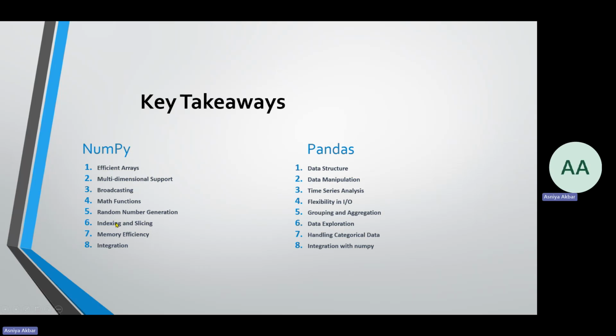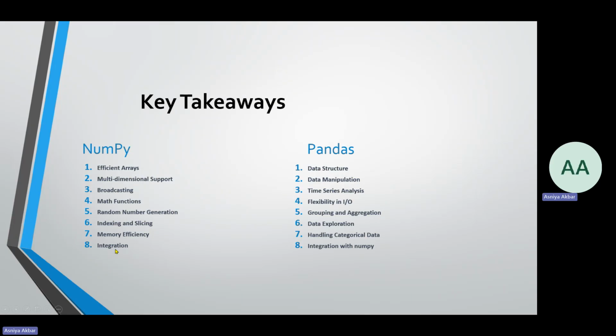It includes indexing as well as slicing, which enables easy extraction as well as manipulation of data within the array. NumPy arrays are also more memory efficient due to their fixed types, allowing for better performance in terms of storage and even computation.